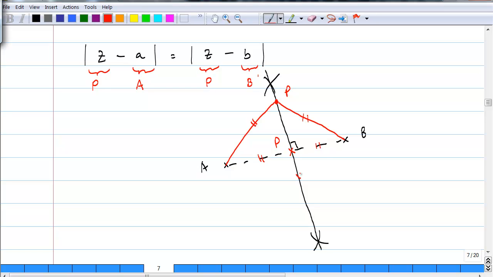Right? How about if I were to choose a point here? Again, we realize that these 2 distances are the same. So indeed, this equation that you see here is actually the perpendicular bisector of the line segment joining A and B. Alright, so this is one other locus after the circle that you are going to actually learn about.